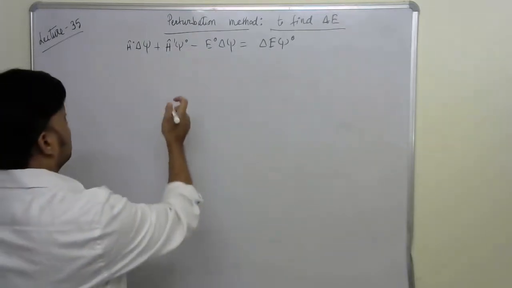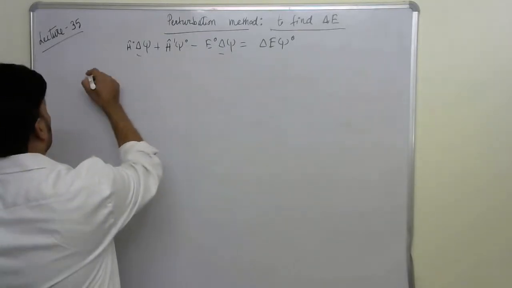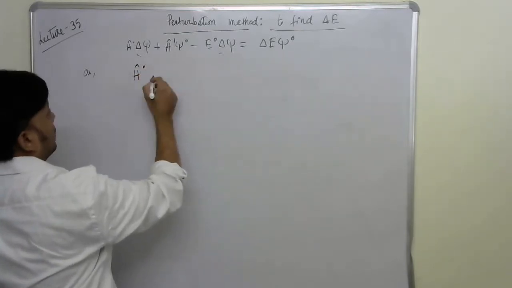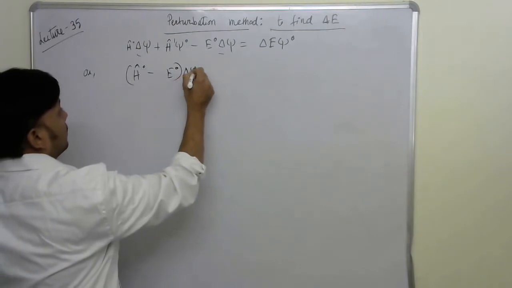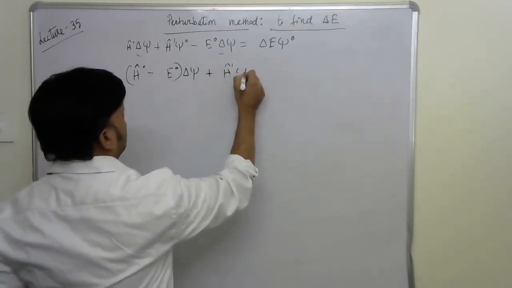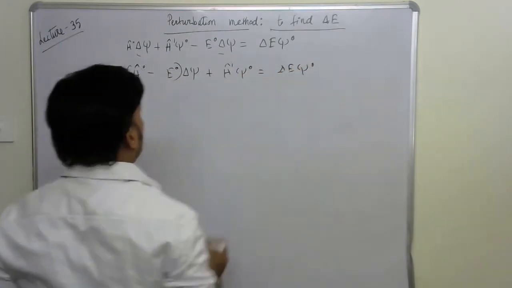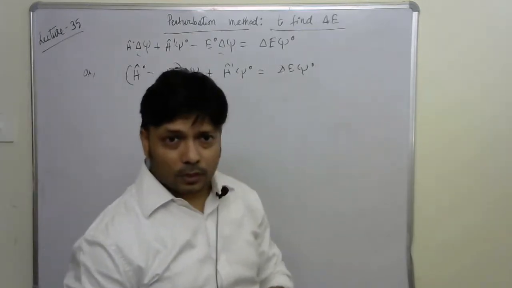Now you see that we have the delta psi part common in two terms. So we can take H naught minus E naught common from delta psi, plus H1 psi naught is equal to delta E psi naught. Okay, so we have got this equation.